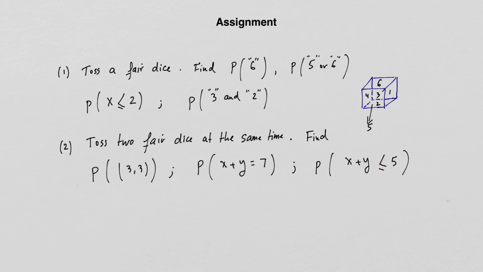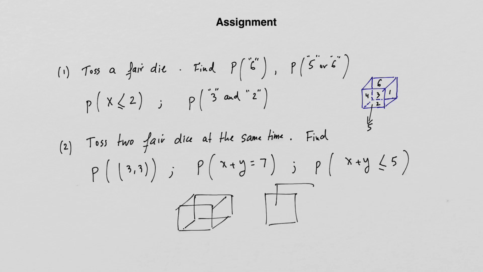So these are really easy. This one, I'm asking you to throw now two. I made a mistake here. It's not dice. You throw one fair die. I believe the singular of dice is die, D-I-E. Okay. Now imagine I have two dice.